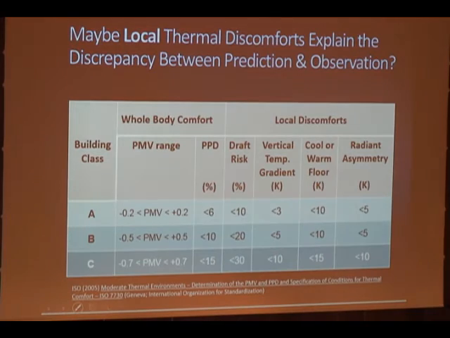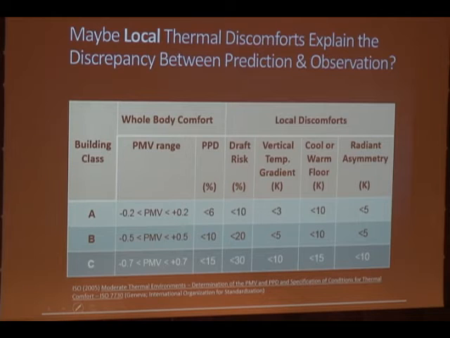So when I've presented that slide at other conferences, it's been pointed out by some of my colleagues in the thermal comfort community that I've ignored the local discomforts. Everything about that previous slide was really just about the global PMV scores of those buildings.